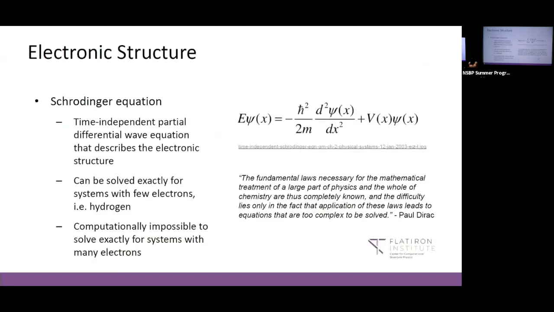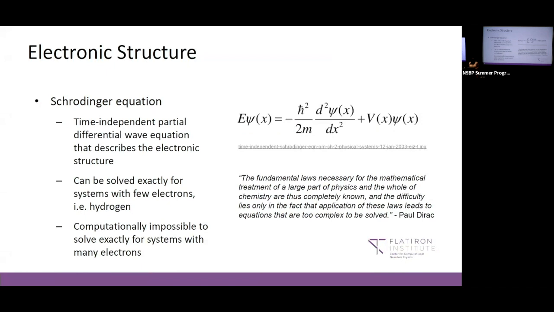So what we're looking at here is the Schrodinger equation. That's what we have to start with first. And so Paul Dirac said it best, where he says the fundamental laws necessary for the mathematical treatment of a large part of physics and the whole of chemistry are thus completely known.